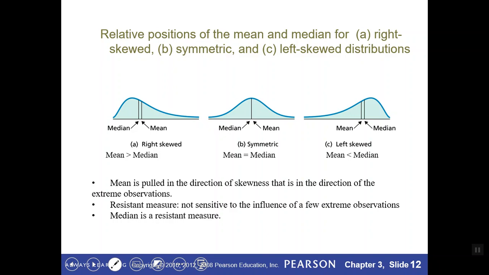A resistant measure means that the measurement is not influenced by extreme observations, simply called outliers. So we can say median is a resistant measure because it is not influenced by extreme observations.